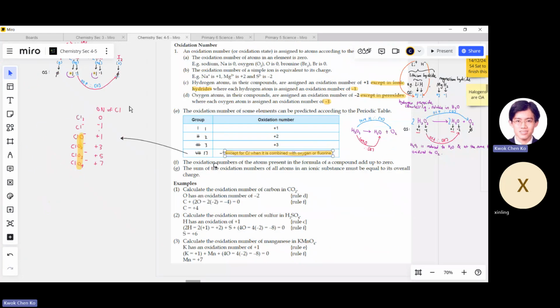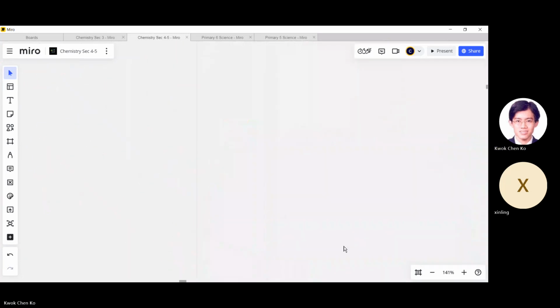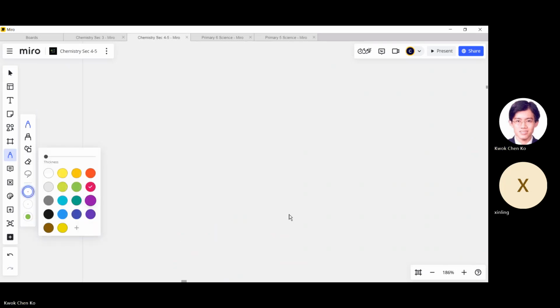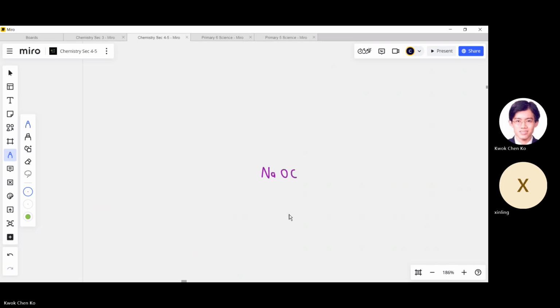Now let's give you an example. Let's say you see this guy here. What is this? Well, no need to know the name, but I want you to work out the OS. There are three elements.